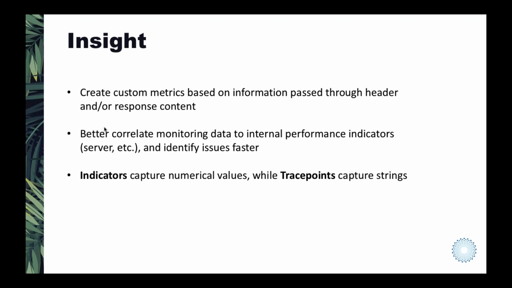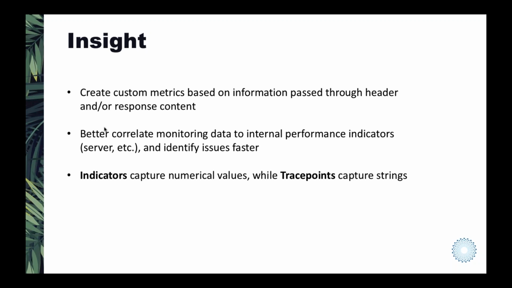You may have your API load balance across different servers. You could capture the name of the server that served up the response, and therefore capture performance metrics and uptime metrics from each of those servers to see if any particular server is causing a problem, because you may be seeing slow API responses every now and again.